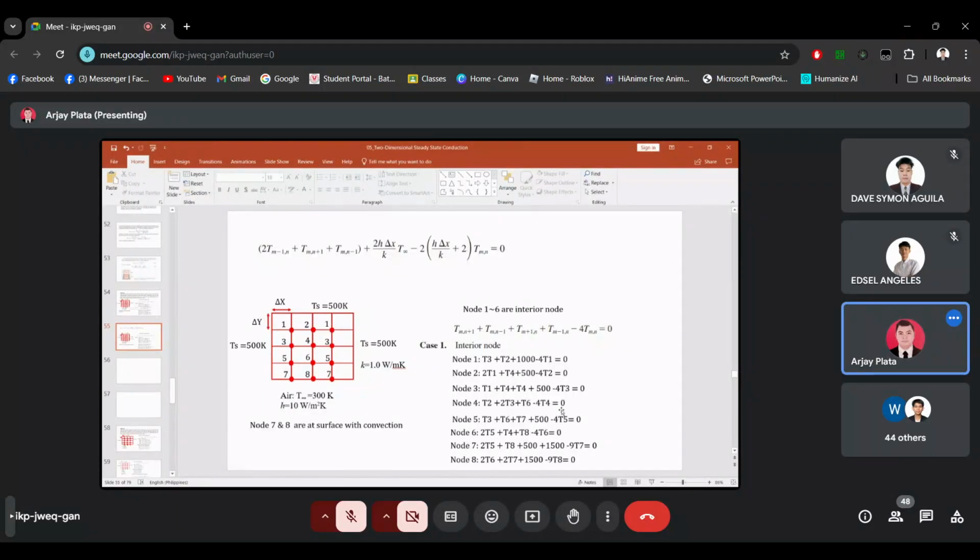We will rewrite now this equation for us to be able to use the inverse matrix method. Let's delete this first.